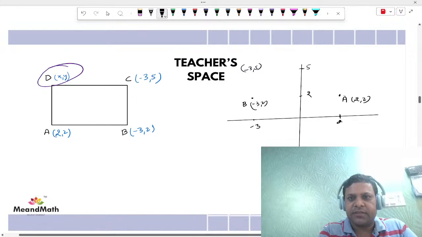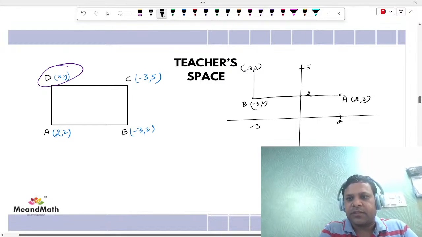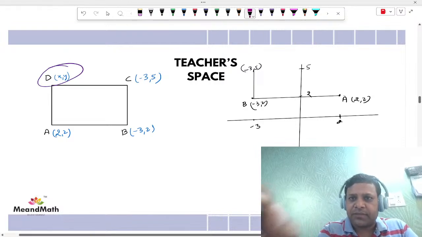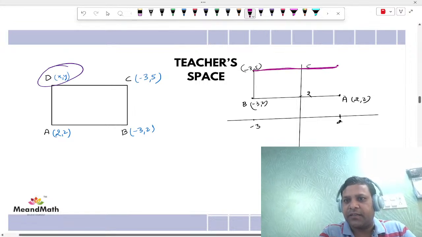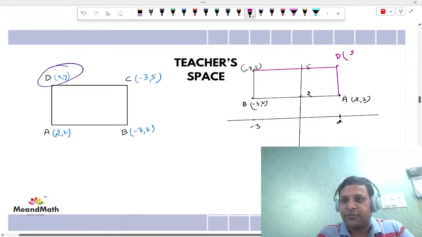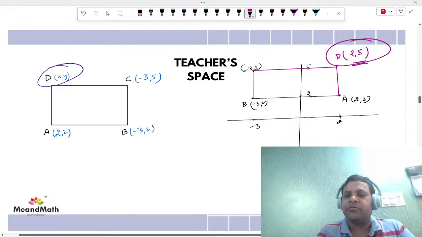This point is the first point, second point. Now, it's obvious that the point should be here. Those lines are parallel. So the D point should be here. If you required point D, then the answer is 2, comma 5. Yes, D point is 2, comma 5.